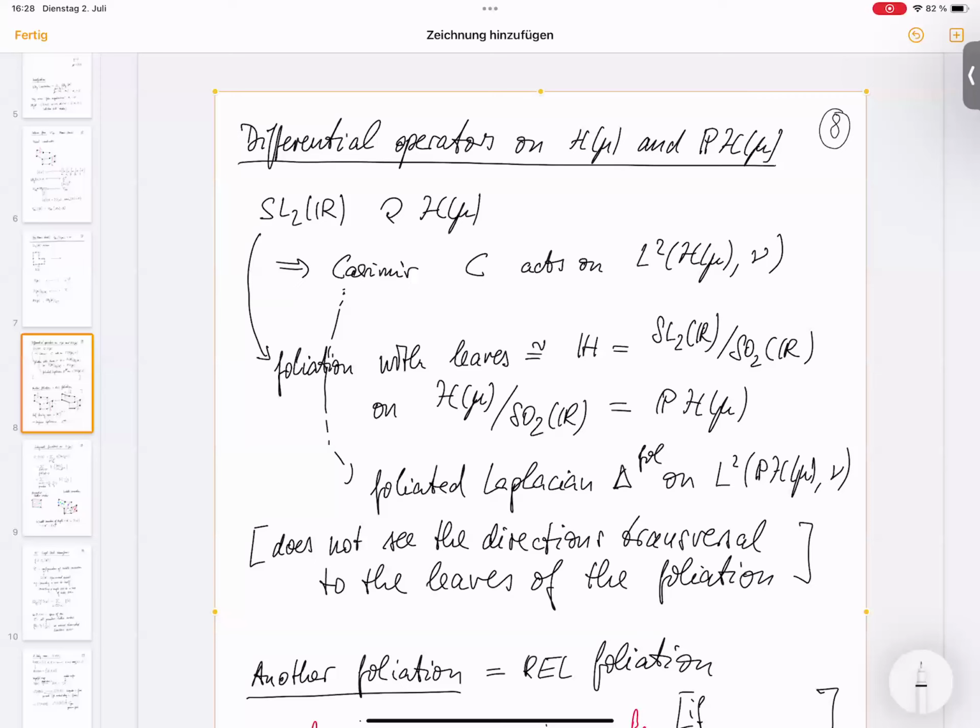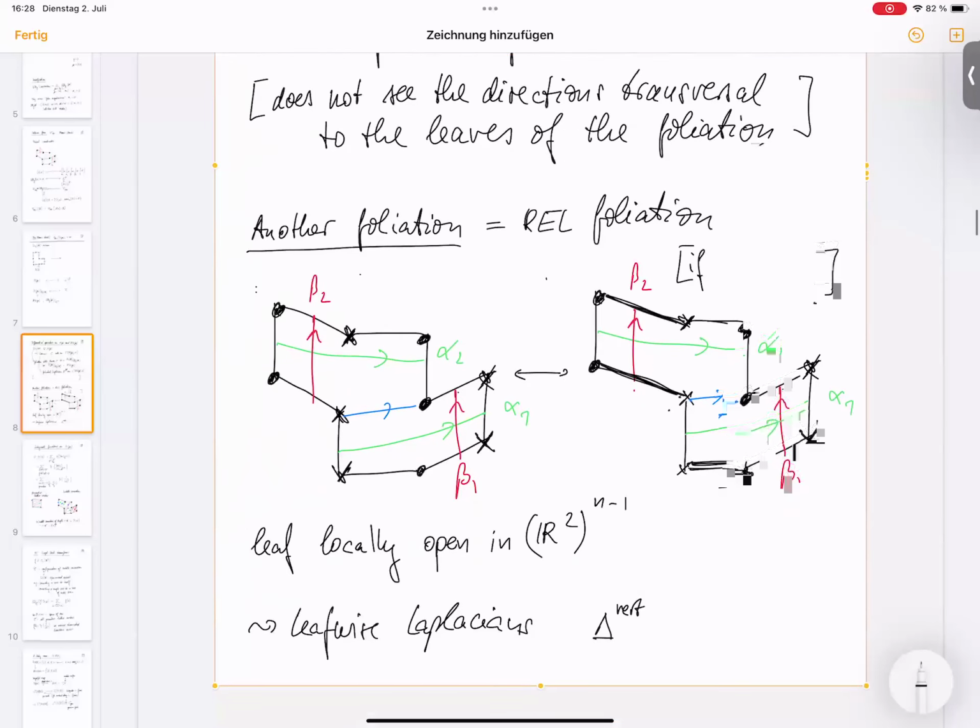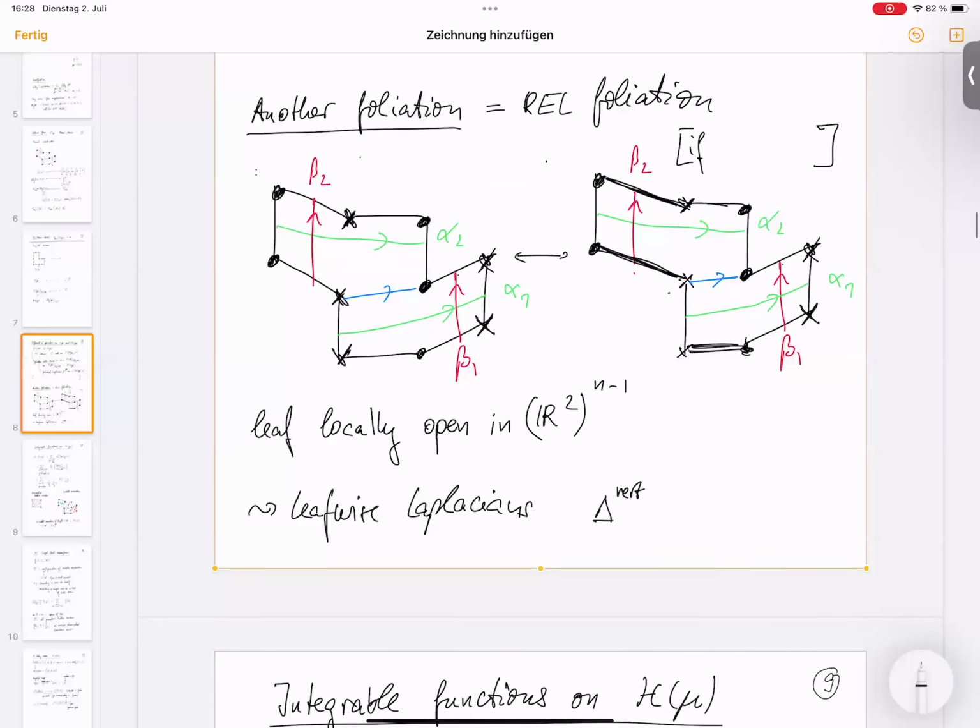There is something that might and will compensate a little bit for this defect. There's the fact that there's another foliation, at least on certain strata of differentials. Consider again the left picture that I'm now drawing for the third time. It's again a surface in the stratum with mu equals 1, 1.